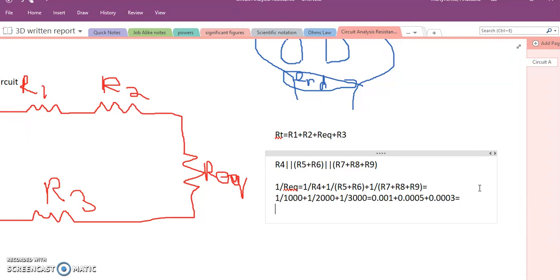So in the end, you're going to end up with a number that is 0.0018, right? Okay, you're still not done, right? I still need to find R equivalent. Now my R equivalent is 1 over that answer. And guys, seriously, use a calculator. There is absolutely no need to torture yourself by trying to do this on paper or in your head or anything like this. And this comes out to 556 ohms.